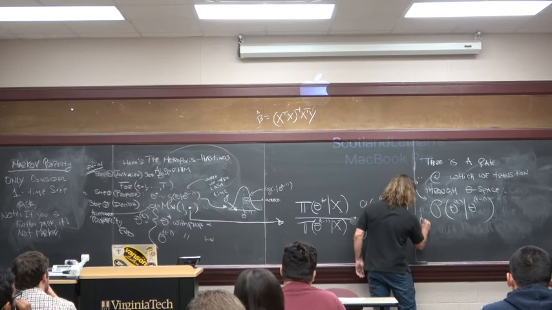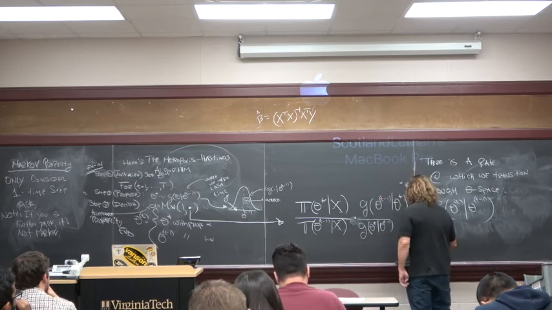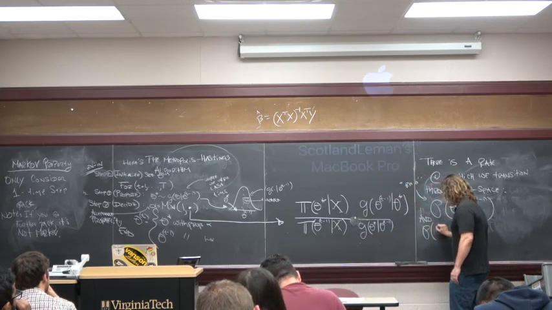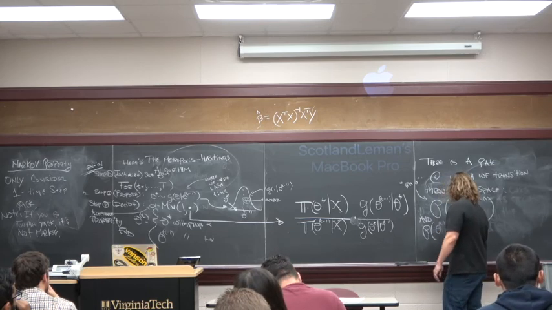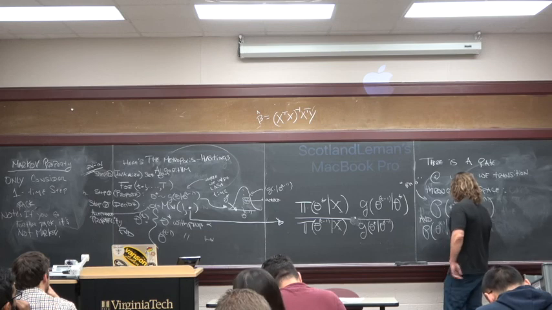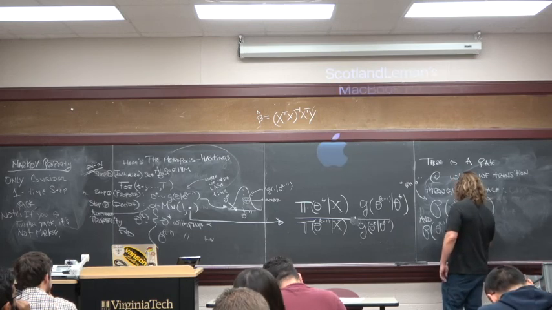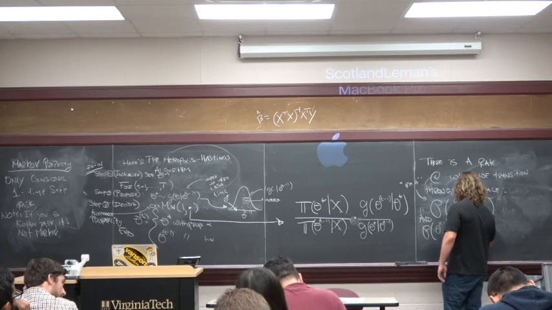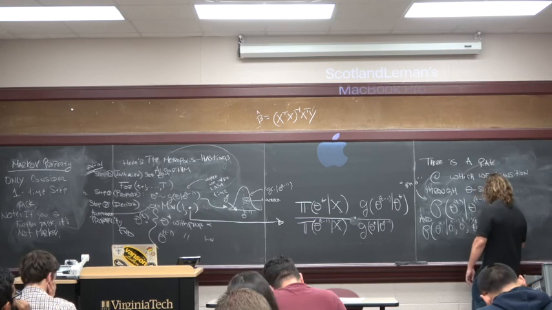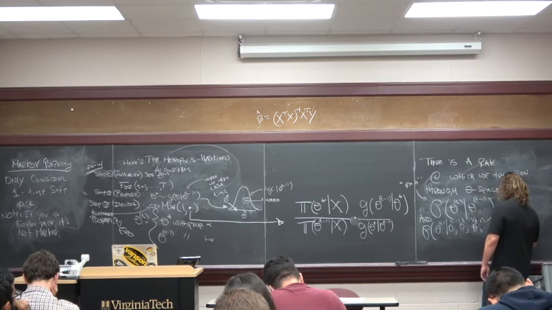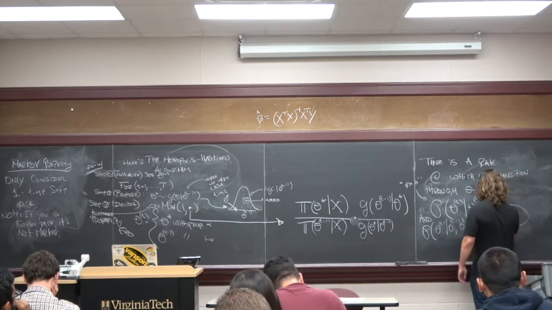I'll say rho of theta t given theta t minus 1, theta t minus 2, theta t minus 3, all the way back to theta 0 is equal to this.